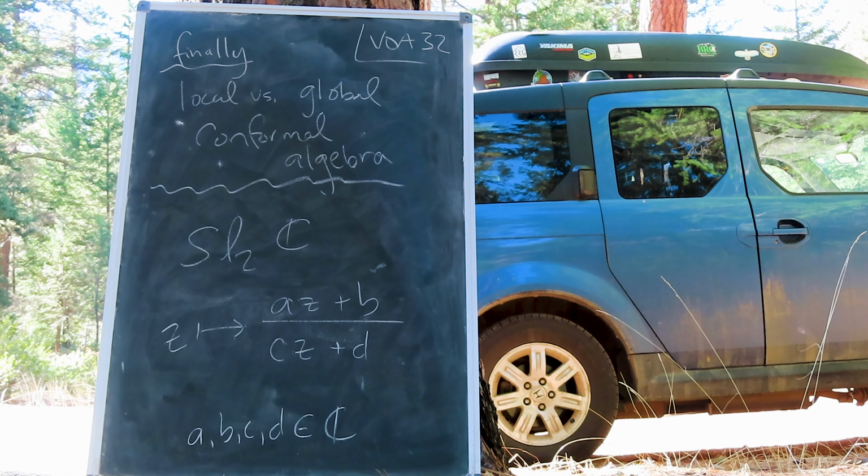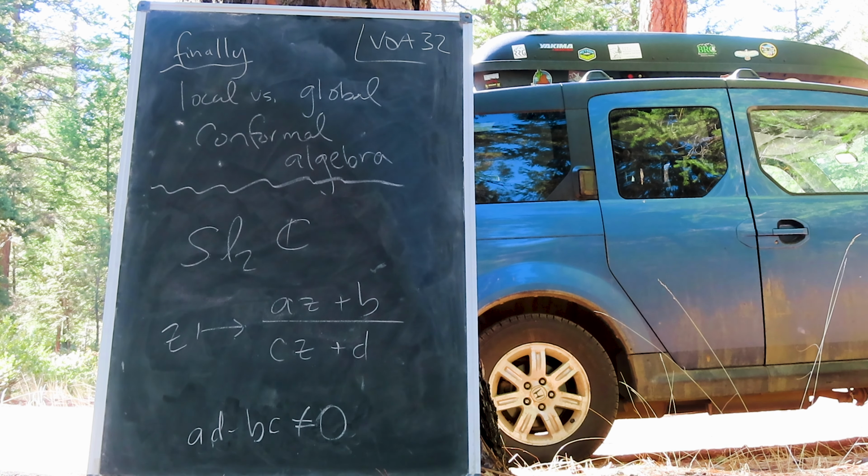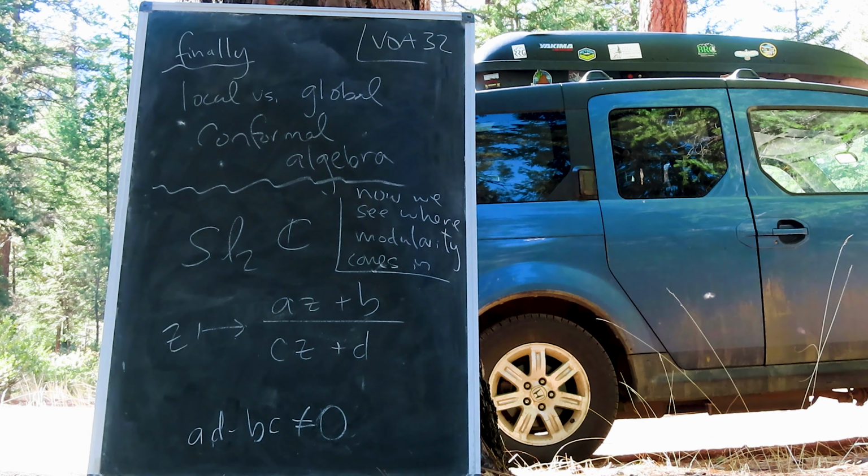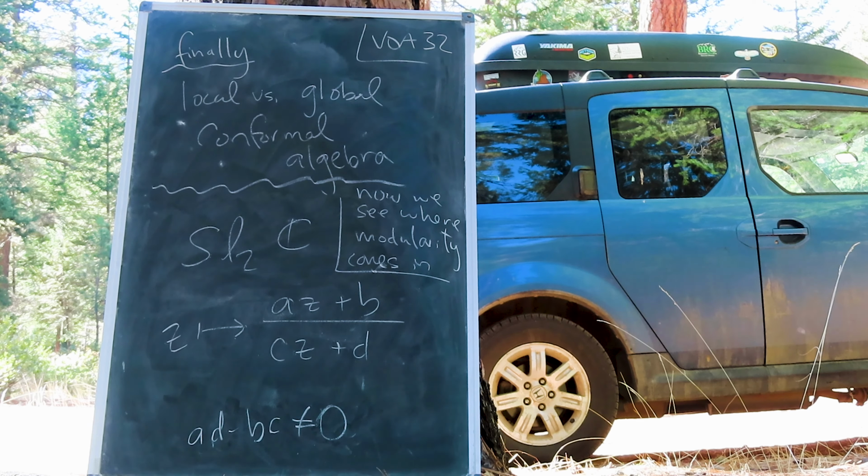These global transformations can be packaged into an SL(2,C) matrix, which represents the holomorphic map parameterized by 4 complex numbers, subject to the constraint that the determinant of the matrix is non-vanishing. From this perspective, you might begin to see where the relationship between conformal field theory and modular stuff, our raison d'être for studying vertex operator algebras, sneaks in.